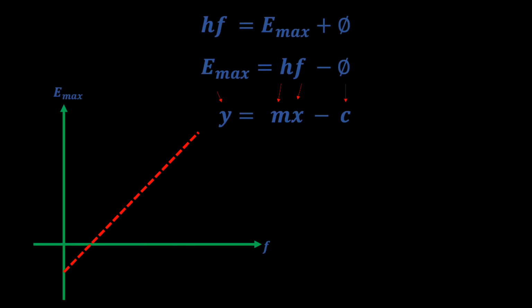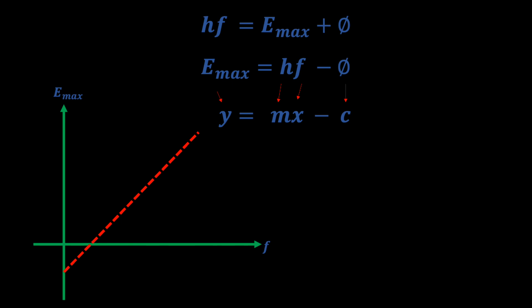The maximum kinetic energy of the photoelectrons emitted for a given frequency of light can be measured using a photocell. If the measurements for different frequencies are plotted as a graph of maximum kinetic energy against the frequency of light, a straight line of the form y equals mx plus c is obtained.